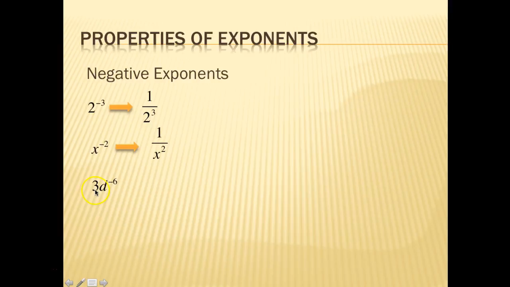In this case, 3 times d to the negative sixth power. D to the negative sixth power, this is the power. So the 3 is not a part of the power, so it does not move into the opposite position. The 3 stays in the numerator, and then d to the sixth will go in my denominator.